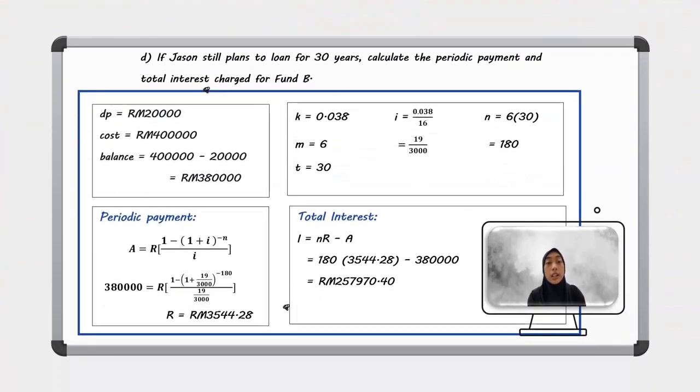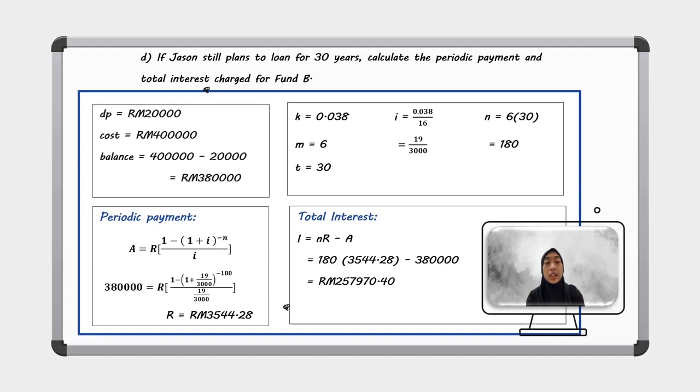For question D, we need to find the periodic payment first. We have to use the formula A equals R, open bracket 1 minus (1 plus I) to the power of negative n, over I. The information that we have based on the question is down payment equals 20,000, the cost of the house is 400,000, and to find the balance we need to minus the cost and the down payment, so the balance is 380,000.